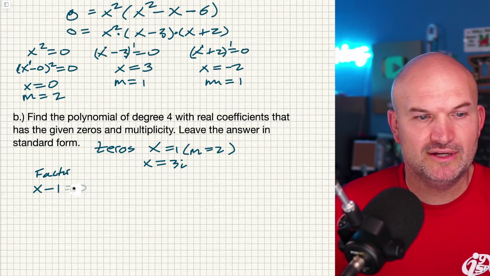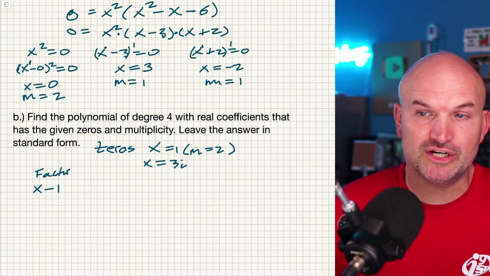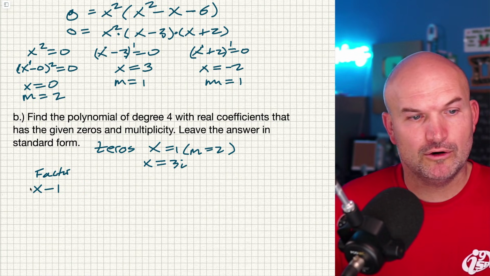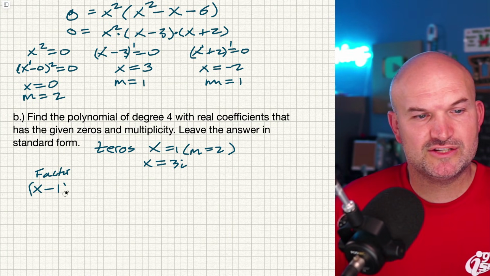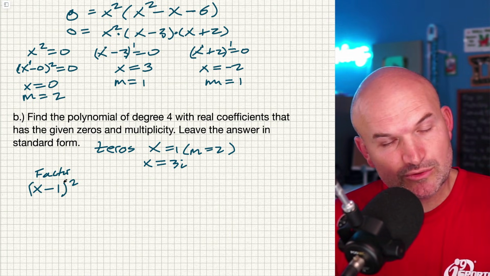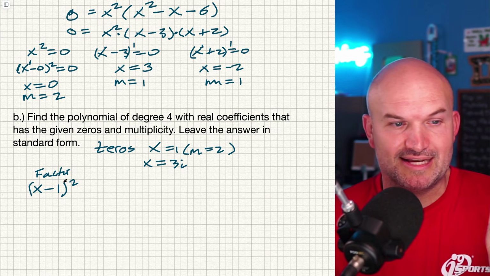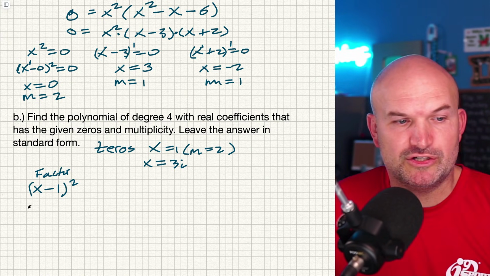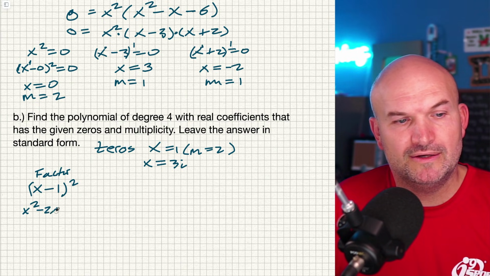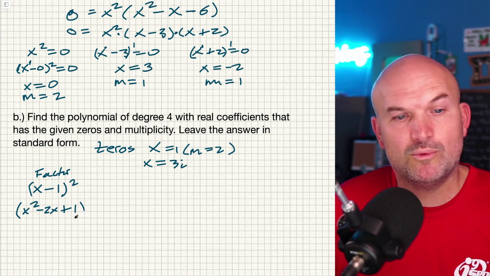We want to find the polynomial with that factor. So it's x minus 1 squared. Again, x minus 1 squared is not x squared minus 1 squared. It's x minus 1 times x minus 1. But hopefully you recognize that's a perfect square trinomial and you can factor that quickly to this. Okay, so there is our one factor.